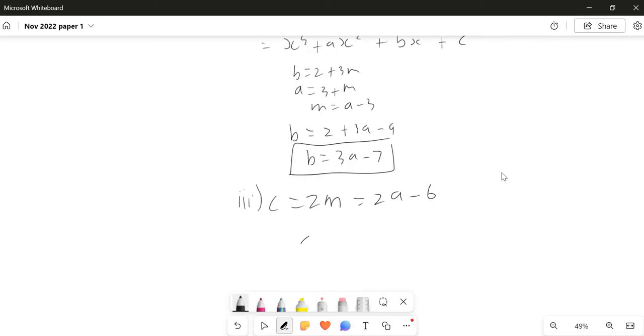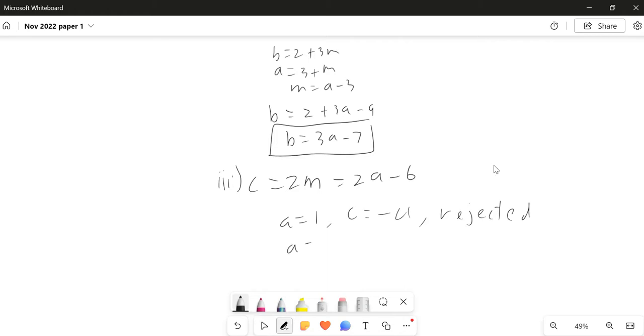So let's say a equals 1, c equals 2 minus 6, which is minus 4, which is rejected because it's only from 1 to 5, not negative. Let's see, a equals 2, c becomes 4 minus 6, minus 2, so also rejected.